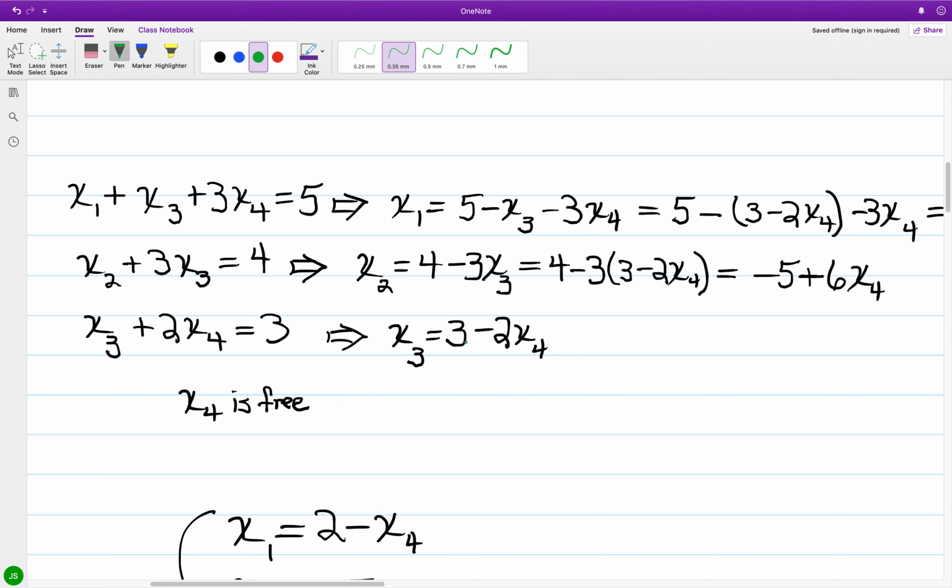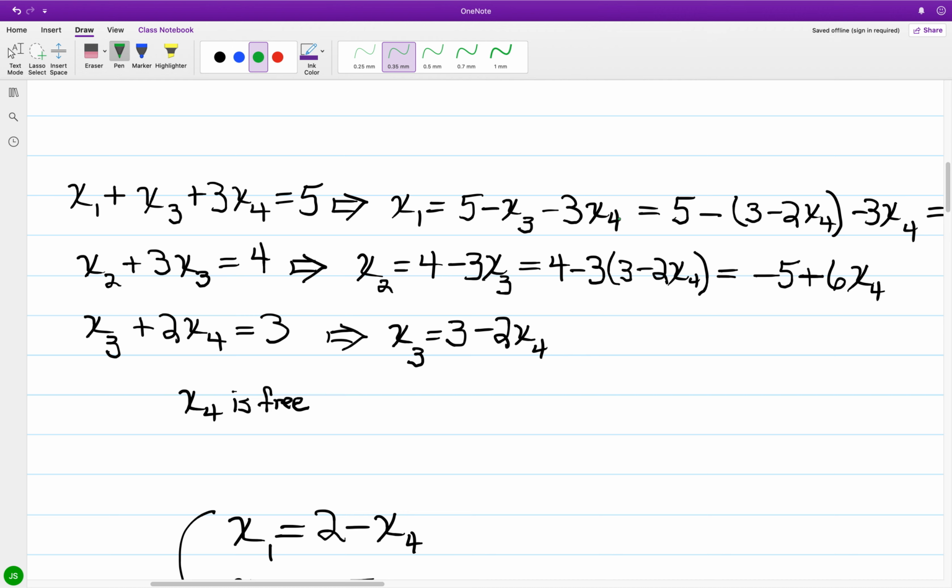With x of 3 equal to 3 minus 2 times x of 4, plugging in, we have 4 minus 3 times the quantity 3 minus 2x of 4. Combining the terms, we have 4 minus 9, plus 6 times x of 4, so I have negative 5 plus 6 times x of 4. As for x of 1, I have 5 minus x of 3, minus 3 times x of 4.